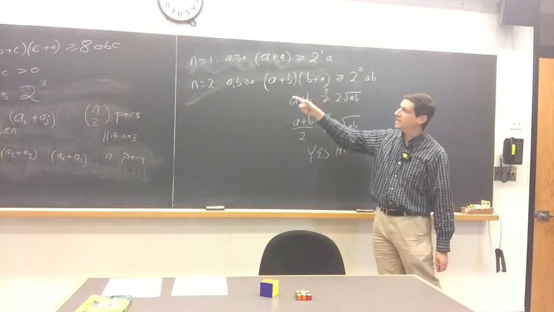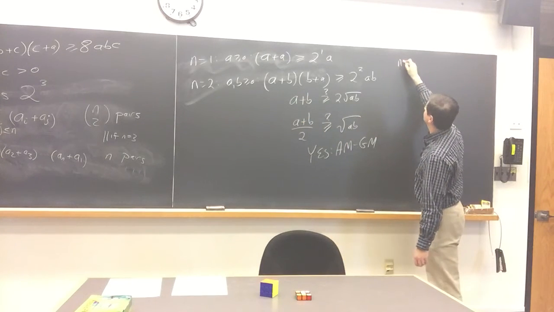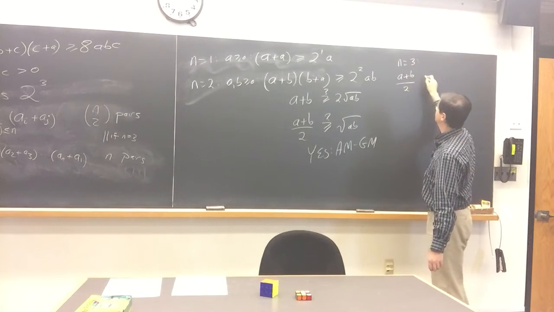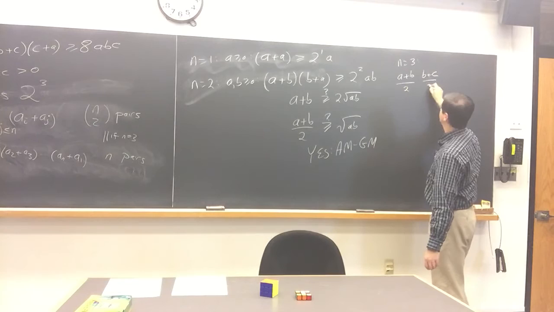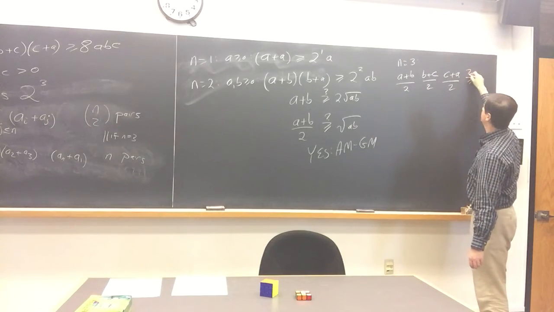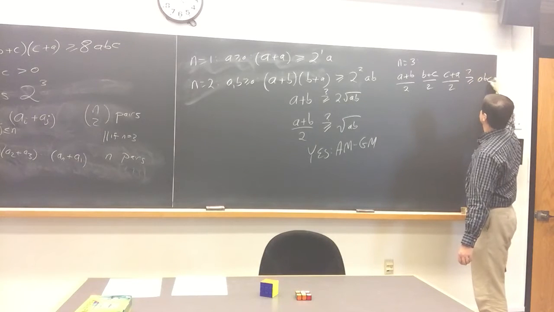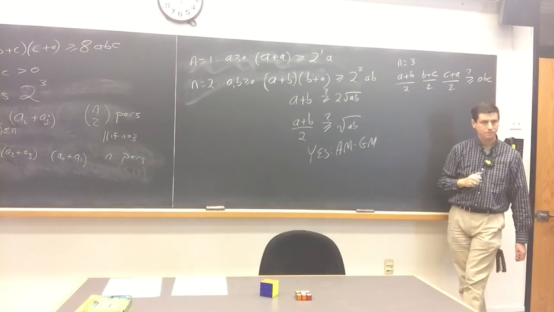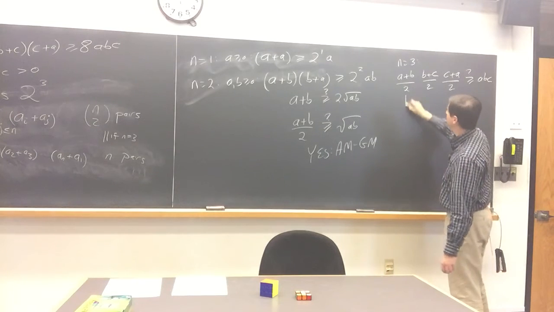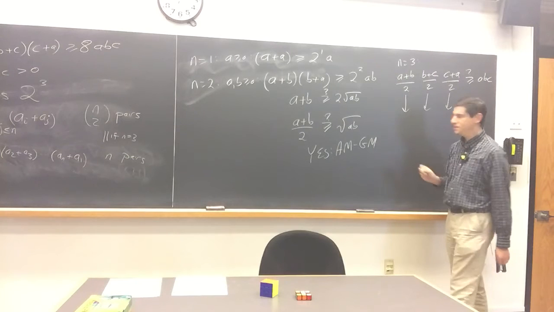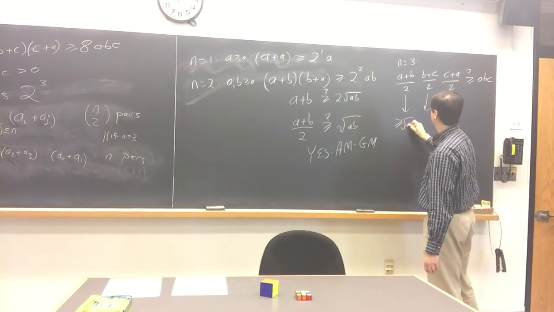Now because we have the 8abc for n equals 3, we could write it as (a plus b over 2)(b plus c over 2)(c plus a over 2). Is that greater than or equal to abc? And now the suggestion is use AM-GM 3 times. This will be greater than or equal to the square root of ab.